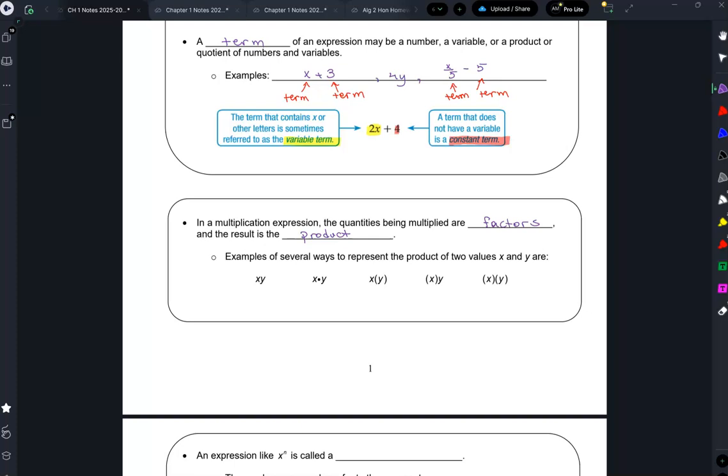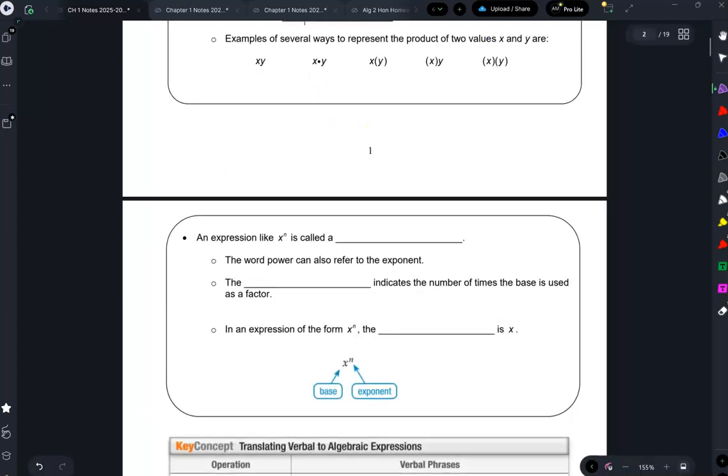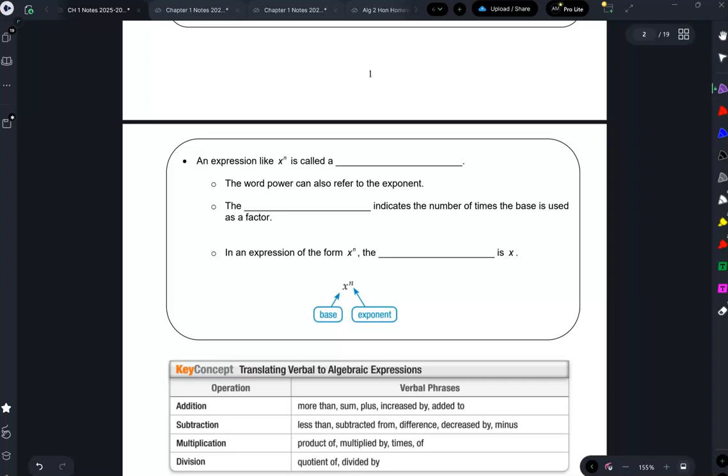If you're multiplying x and y, which are factors, you can write it as xy, x times y, x times y in parentheses, x in parentheses, or both in parentheses. You guys okay with this? Any questions?